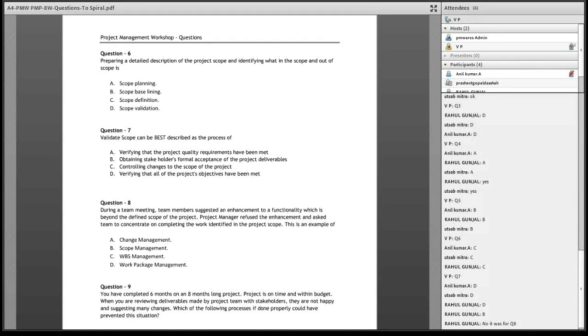So scope validation has nothing to do with the project objective. See, what is the output of validate scope? Accepted deliverables. So that's the objective of validate scope, to get it accepted by the customer or the users or the stakeholders.